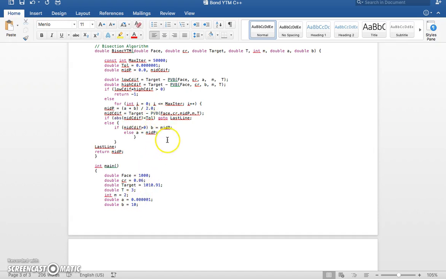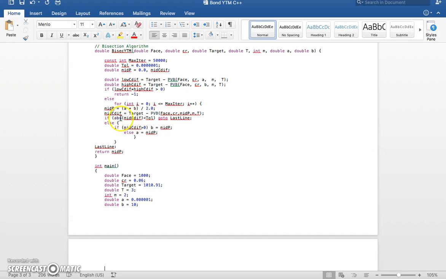But if B was a very high value, it would push up the midpoint. So if A was virtually 0 and B was 1000%, half would be 500%. So if we estimate with a discount rate of 500%, the present value of the bond would be very, very low.